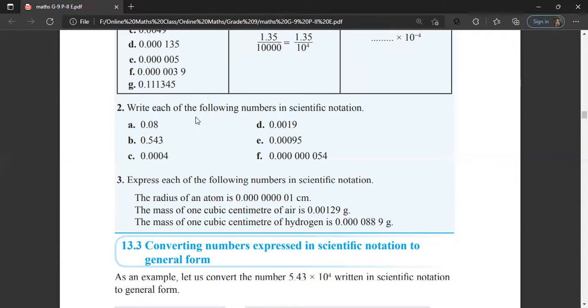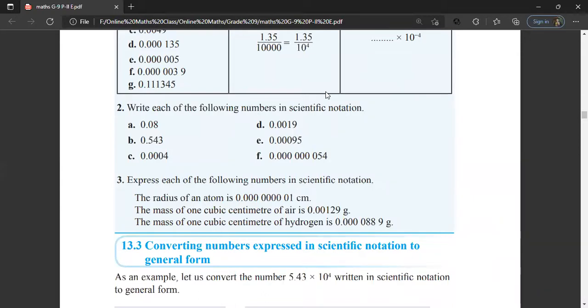4 into 10 to the power minus 4. Very good. Next one. 1.9 into 10 to the power minus 3. 9.5 into 10 to the power minus 4.